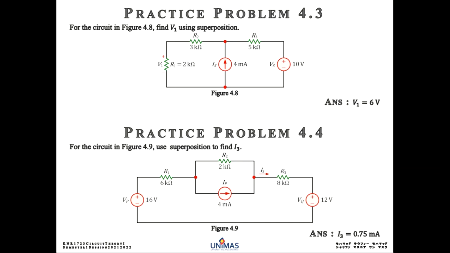So you have two methods, superposition or source transformation, and then we learn about Thevenin and Norton, and then we combine everything to give you one question. Meaning to say that Thevenin using superposition or source transformation, Norton using superposition or source transformation. So you need to know the basic thing first, the superposition, and then only we can move on to the source transformation and so on.